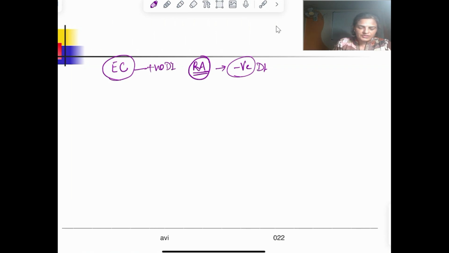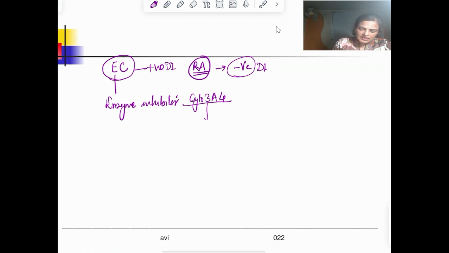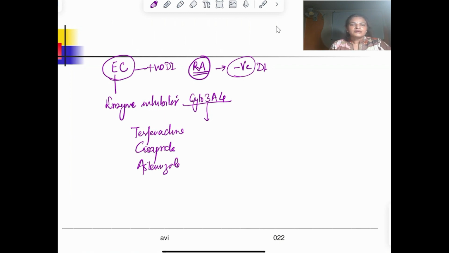Now what type of drug interaction is shown? Erythromycin and clarithromycin are enzyme inhibitors. They inhibit what? Cytochrome 3A4. So if you give terfenadine, cisapride, astemizole with erythromycin, because erythromycin inhibits this enzyme, and all these drugs need this enzyme for metabolism, they will not get the enzyme, then what will happen?